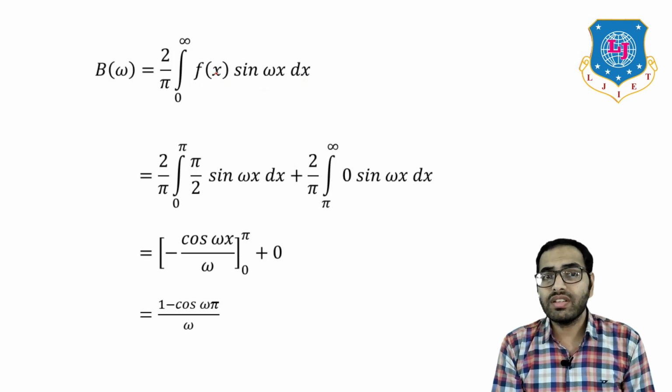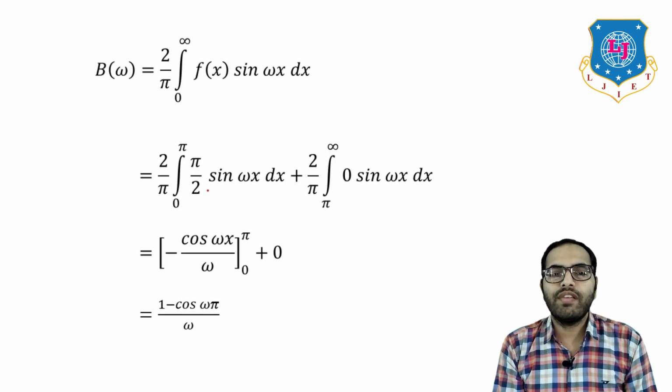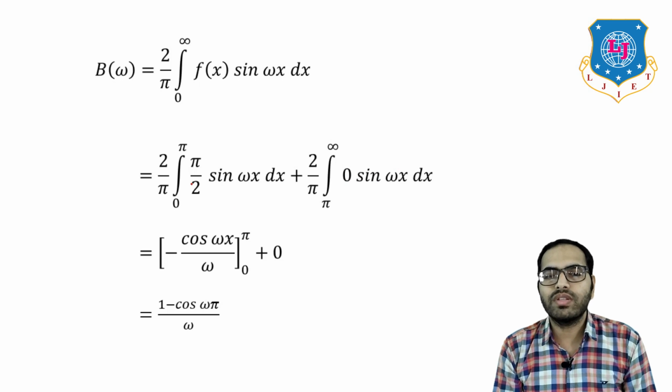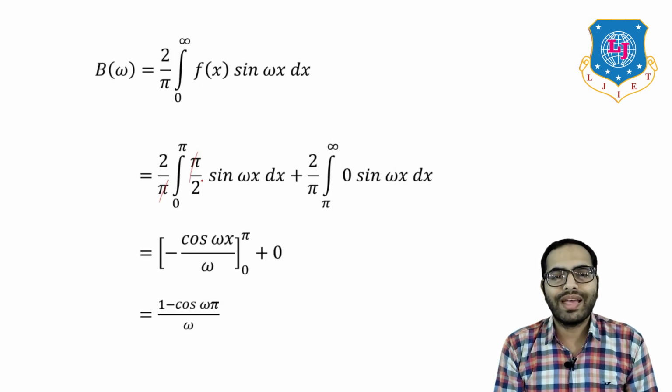Firstly, we split the limits: 2 by pi integral 0 to pi, where the function has value pi by 2, and pi to infinity, where the function has value 0. The second term is 0 into anything, so it becomes 0. Then pi by 2 pi is cancelled out, 2 is cancelled out, and the function becomes integral 0 to pi of sine omega x dx.